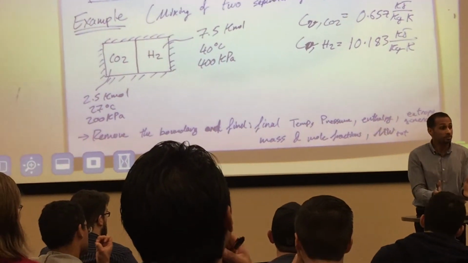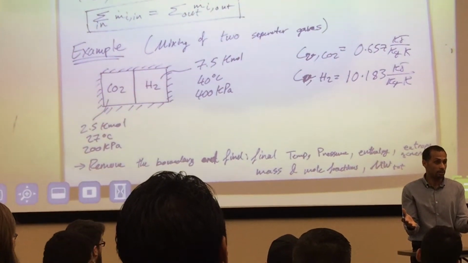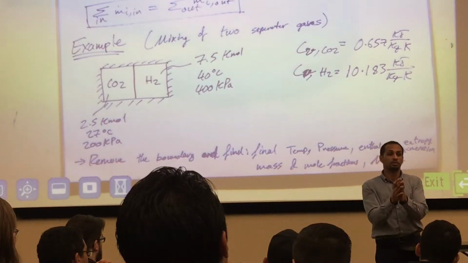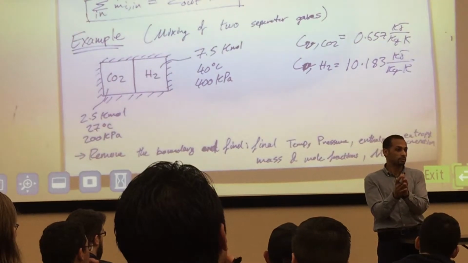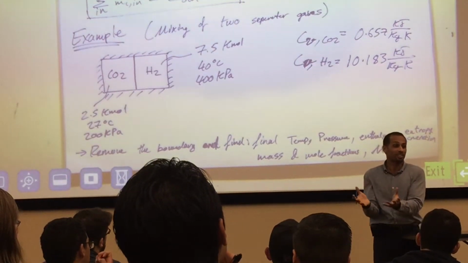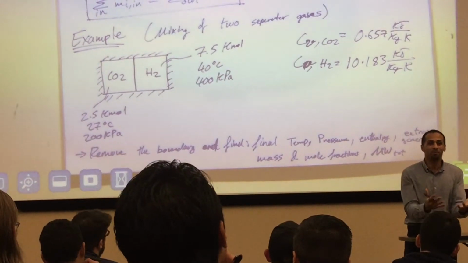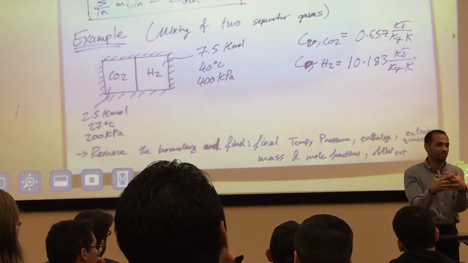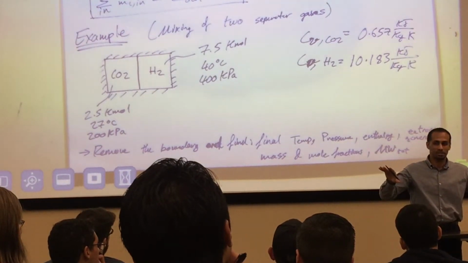You have to do work to separate these two gases, right? If I have CO2 and hydrogen mixed together, and I want to separate them, what do I need to do? I have to do some kind of work. It's an irreversible process. So I am going to have entropy generation because they are going to diffuse together. I have to do work to separate them again. Does that make sense?